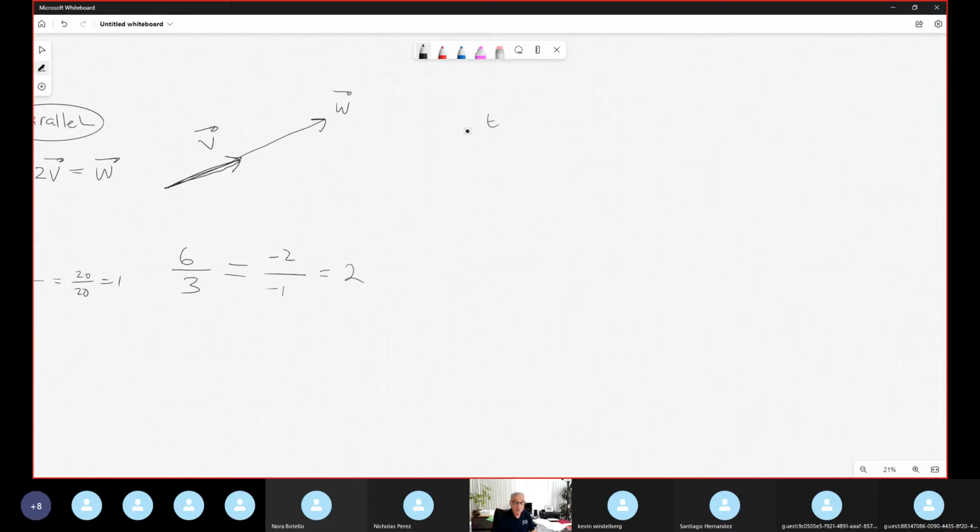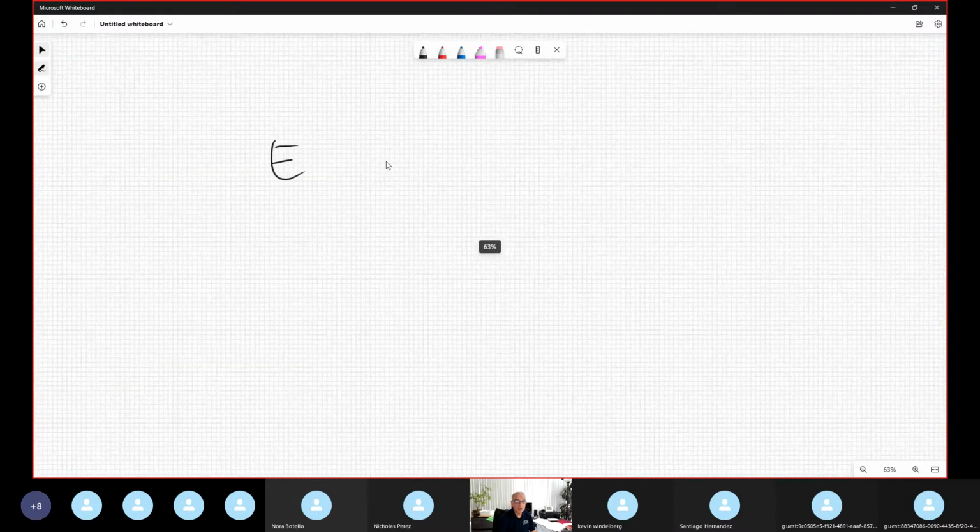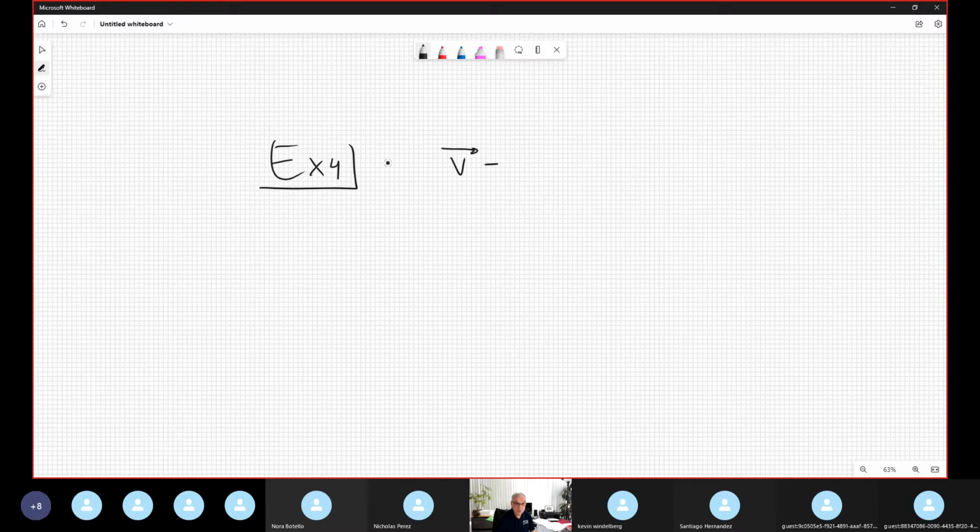Example 4. All right, let me zoom in. Example 4 in 2D. It's vector B again, the vector (2, -1). And we have another vector W, which is (3, 6). Now I need to find the angle between these vectors using the dot product.